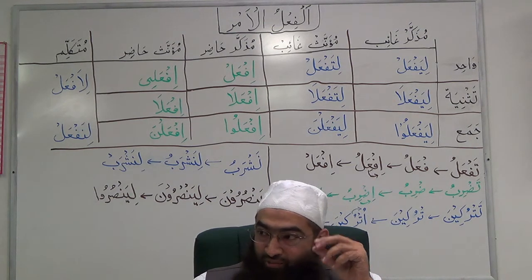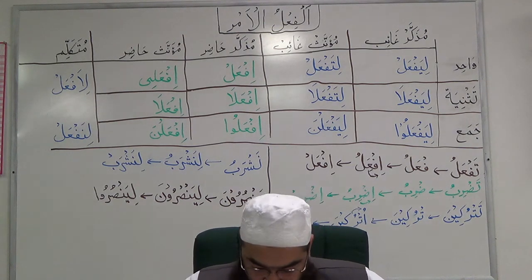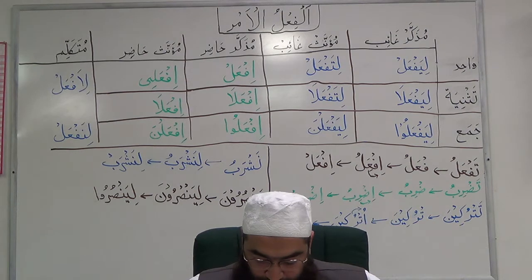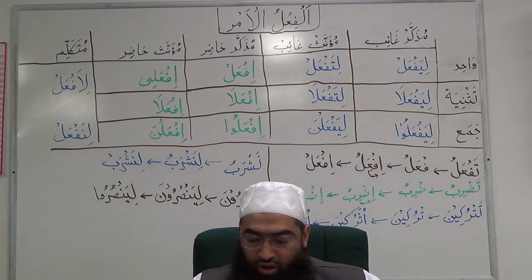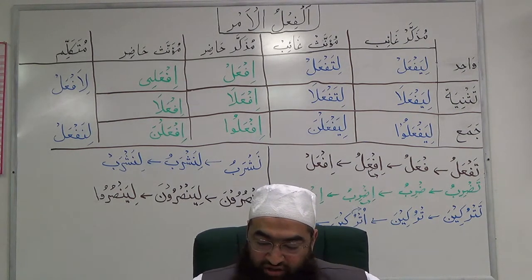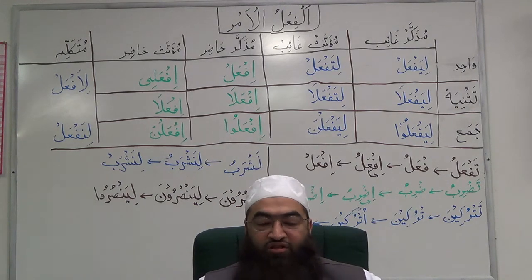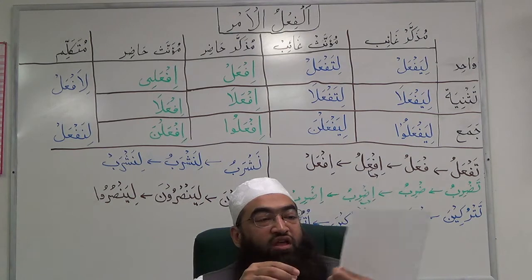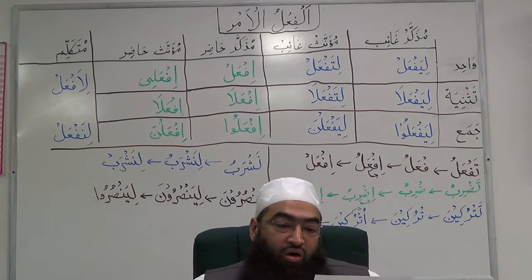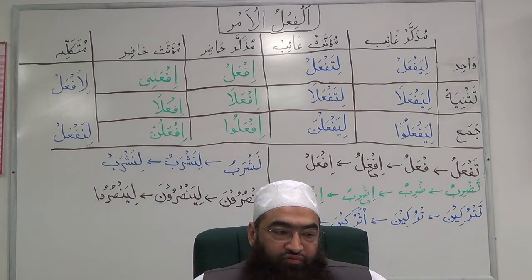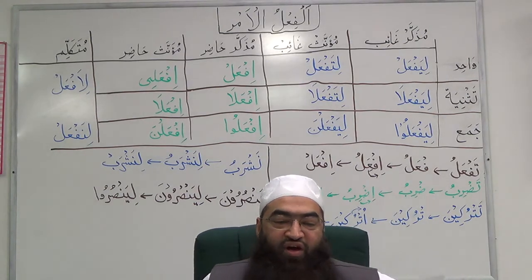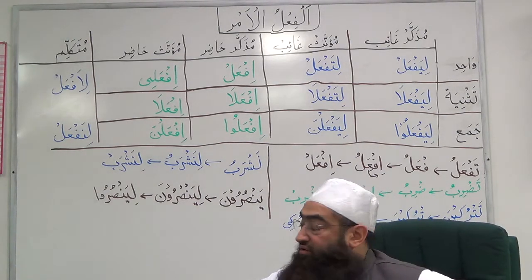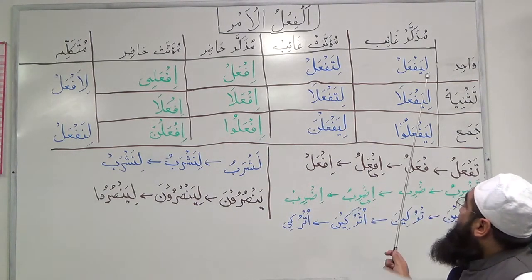Alaykum assalam wa rahmatullah. All right, so if we look at this page again, page 46, then we can find out how from yaf'alu, how we got this word li yaf'al.